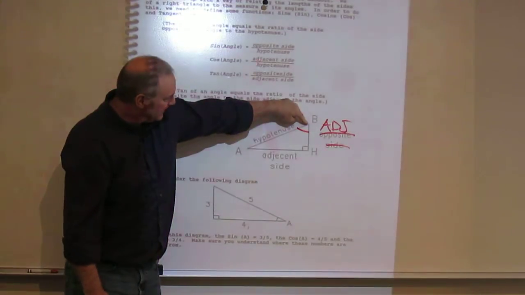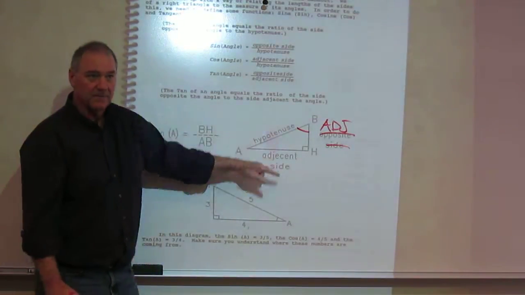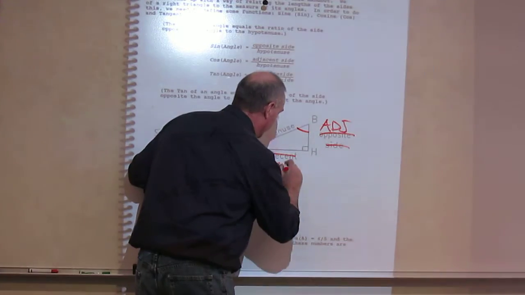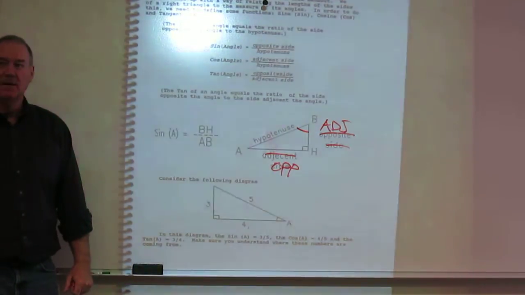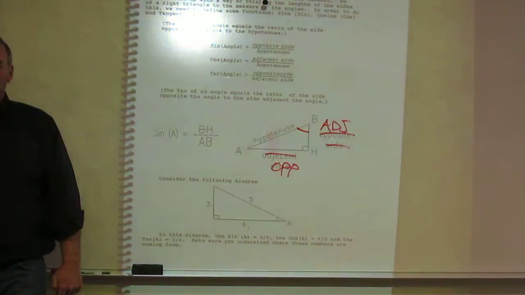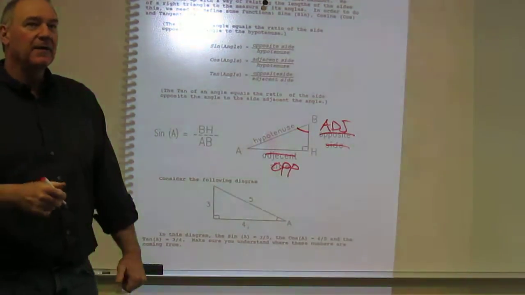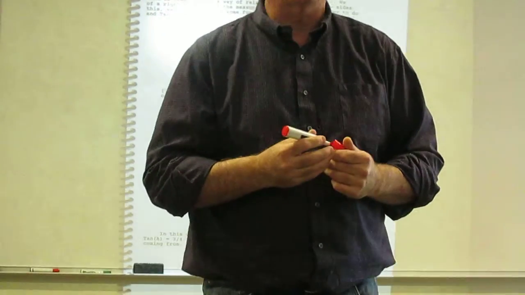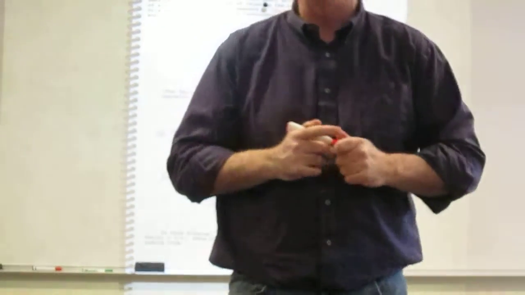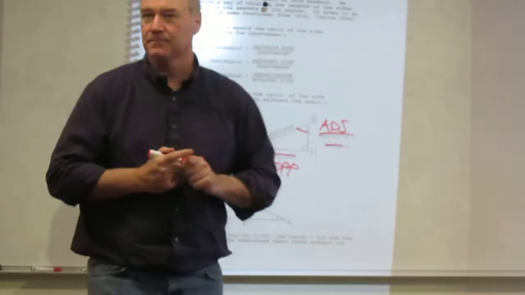This side is opposite the angle. So therefore, it changes to my opposite side. So you do need to label your triangle properly depending on which of those two angles you are trying to use to solve for information on this triangle.